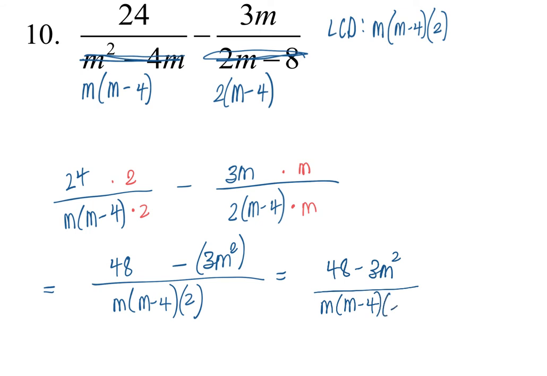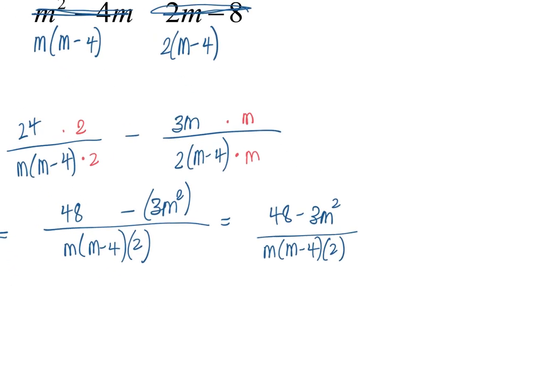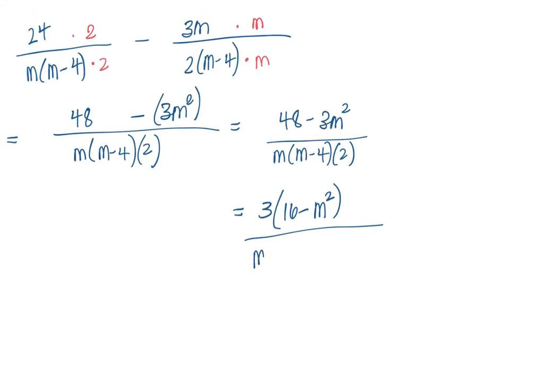The denominator, the LCD, is completely factored still. In the numerator, there's a GCF of 3. So if you pull out a 3 from 48, you're left with 16 minus m squared all over m times m minus 4 times 2.